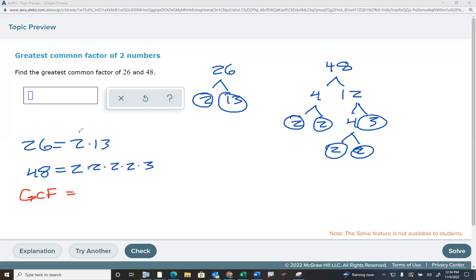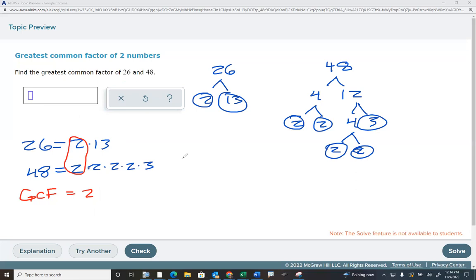Well, they both have a 2. Let me just keep that circled. What else do they both have in common? Well, nothing. If there was one more 2 up here, I could slap another 2 in there, but that's not the case. They don't both have a 13. They both don't have a 3, so 2 it is. So 2 is the biggest number that divides into both of these.